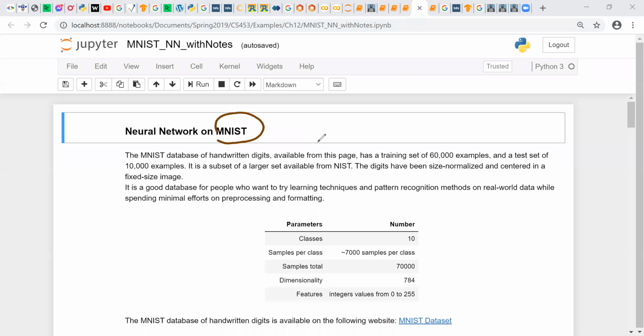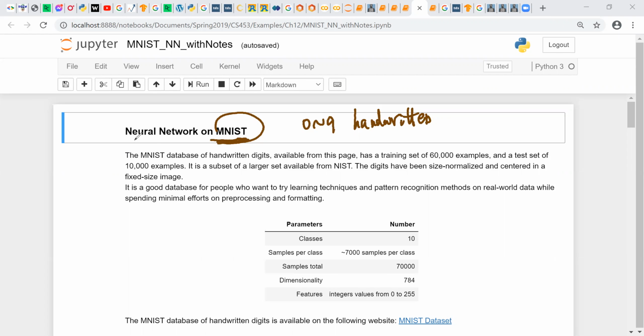It's for digit recognition, single digit numbers from 0 to 9, handwritten single digit recognition. So MNIST is a very classical one.